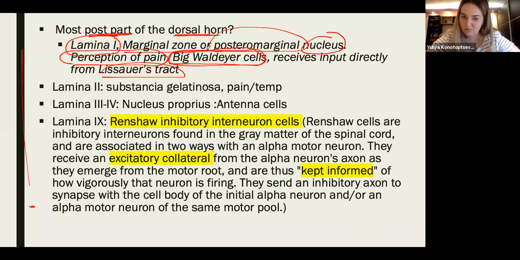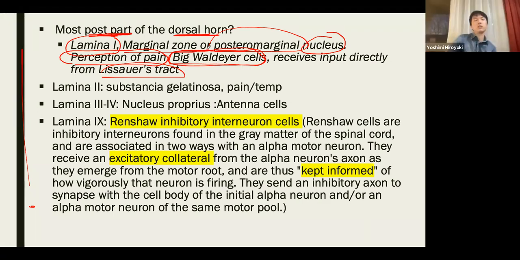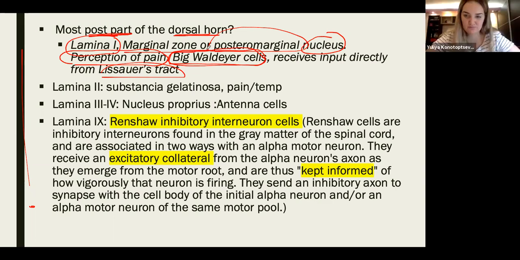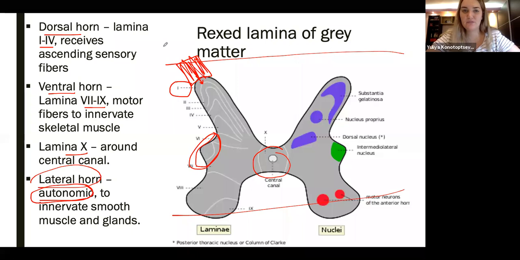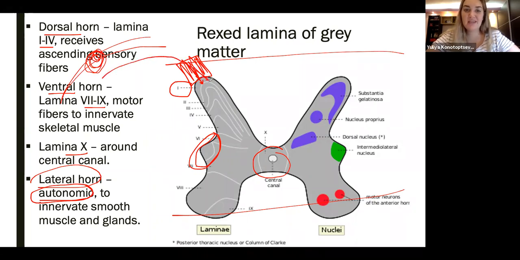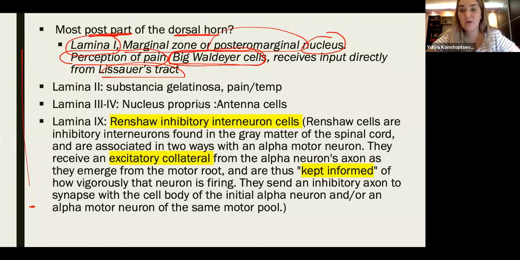Interneuron, because where are the sensory neurons? In the dorsal root ganglion. The sensory neuron is going to send the axon, and this axon is going to synapse with the big Waldeyer's interneuron. So big Waldeyer is the interneuron. So pain, lamina number 1.